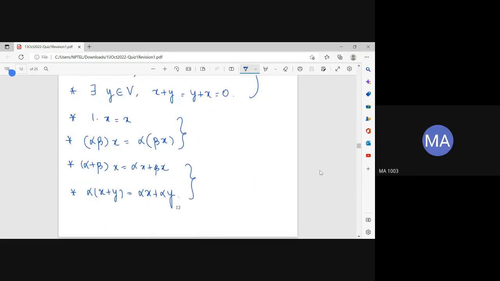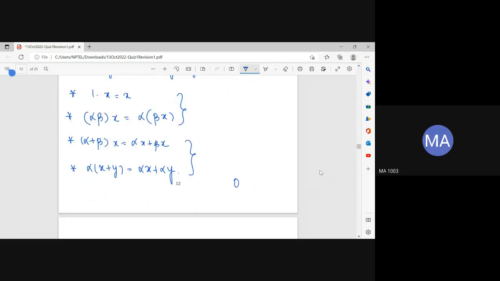The zero element need not be 0, 0. Whatever element acts like the additive identity is the one you need to look at. We have examples where the addition and scalar multiplication are defined in a different way, and for that, this is the zero element. So depending on what the addition and scalar multiplication are, the zero element will also change.